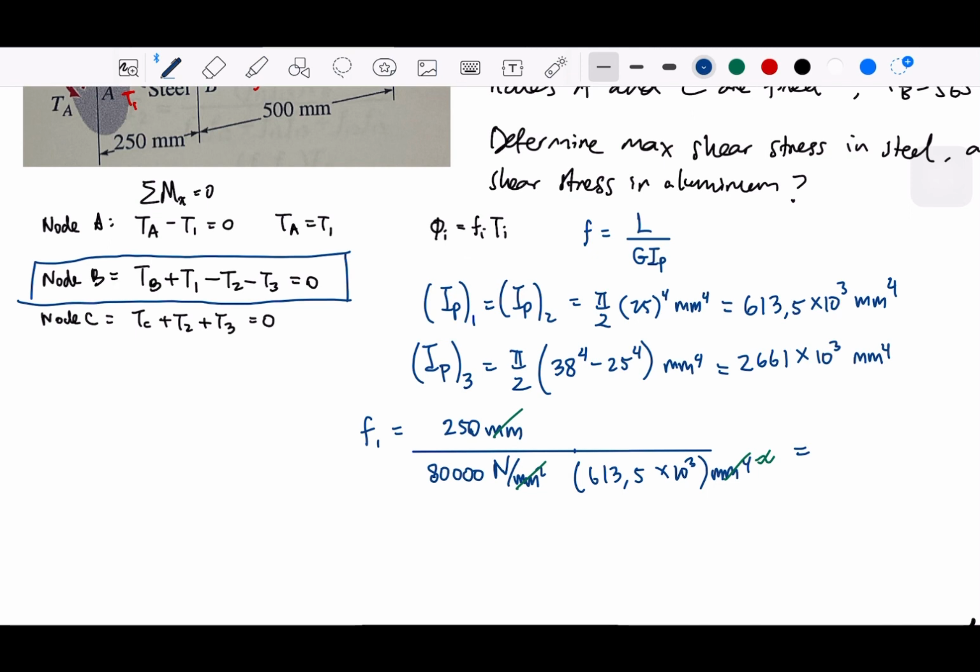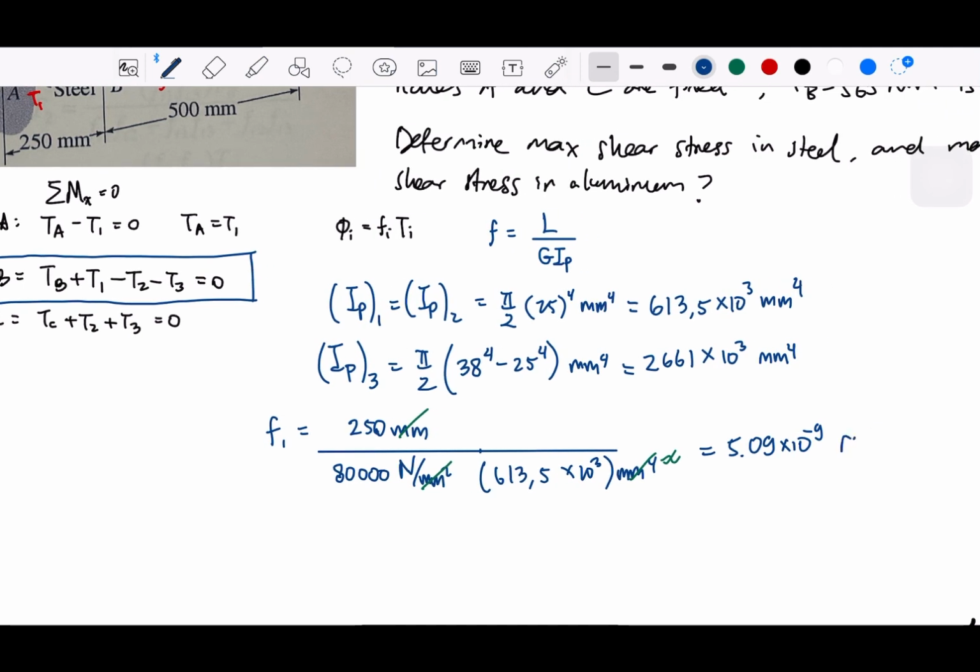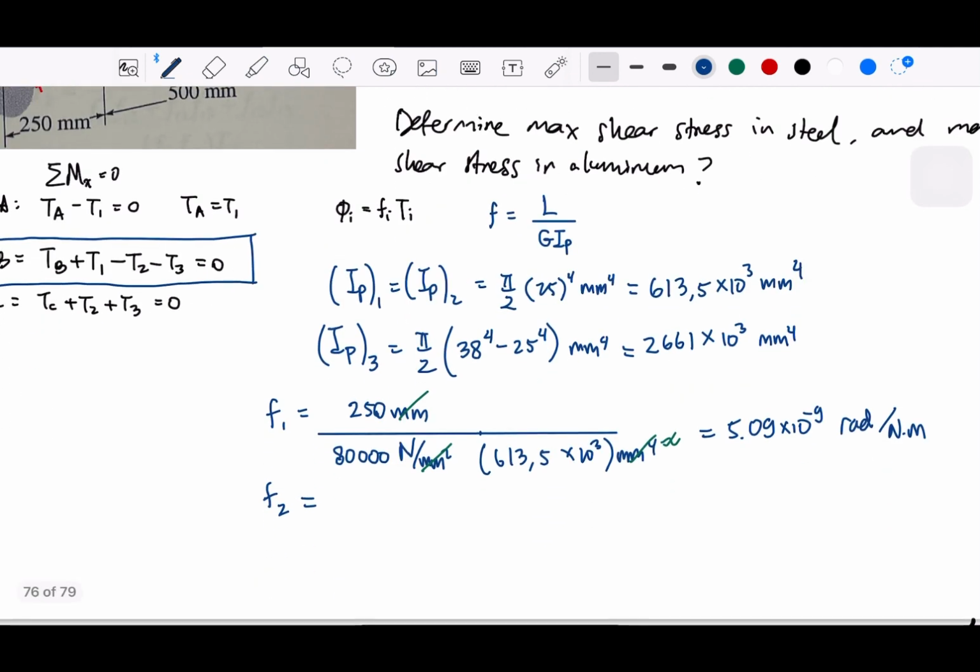It's 5.09 nanoradian over Newton meter. And do the same thing for the F2. The difference is the length is 500. So I will write the direct results.